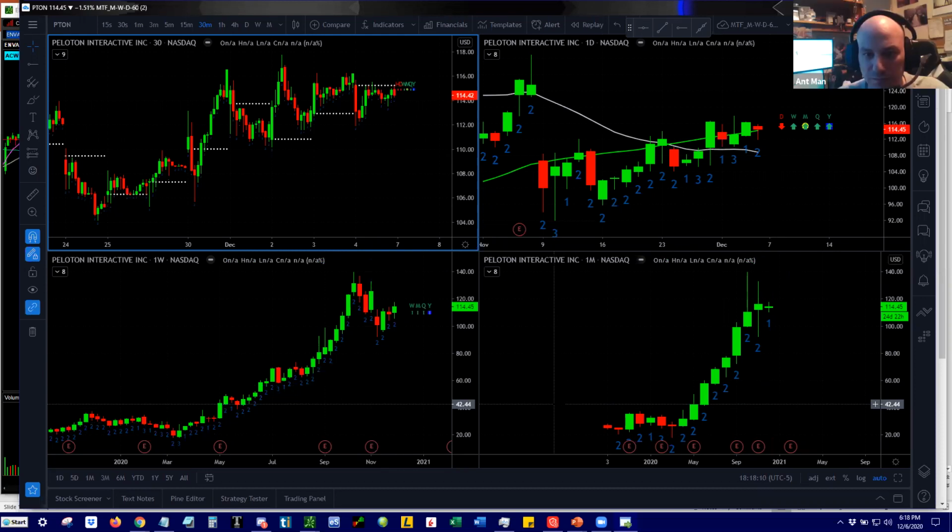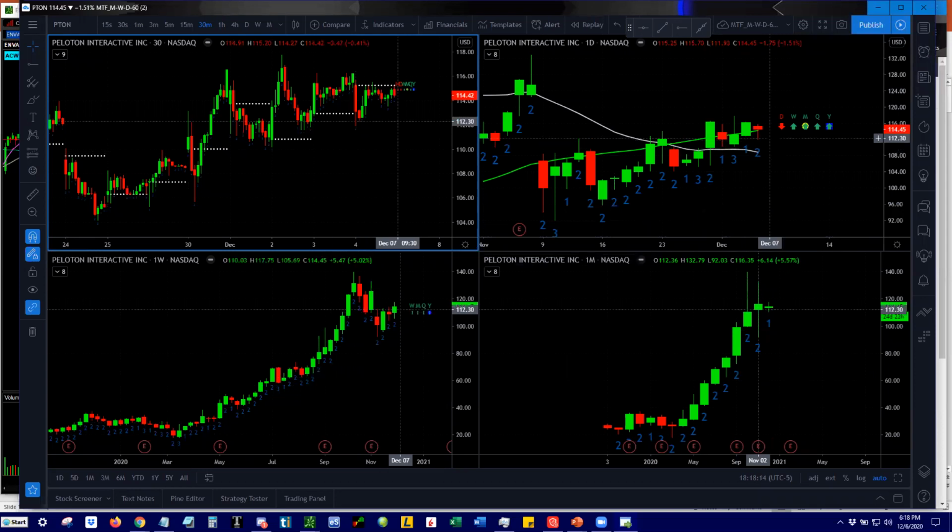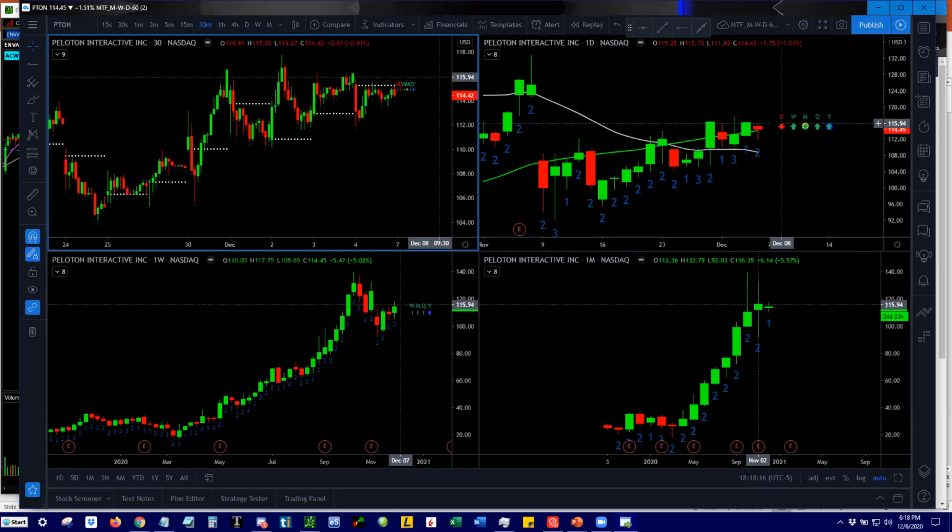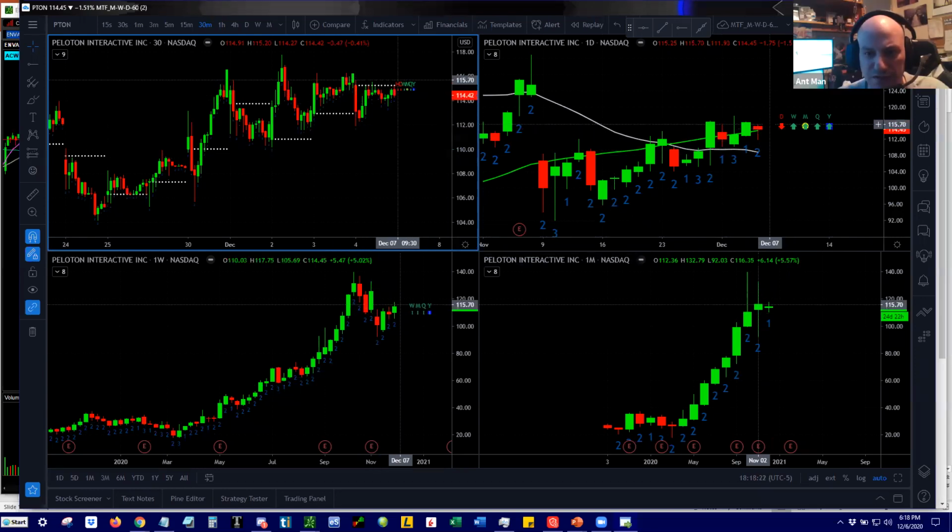At least that's what I've noticed. And then you've got this nice setup where it wasn't 2 down, but it actually went up, even though it's red. It closed red, but it definitely tried to come back. So that looks like a real nice setup tomorrow over 115.70.